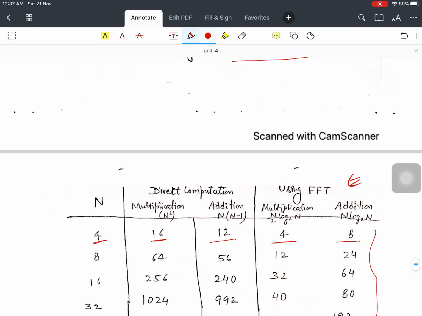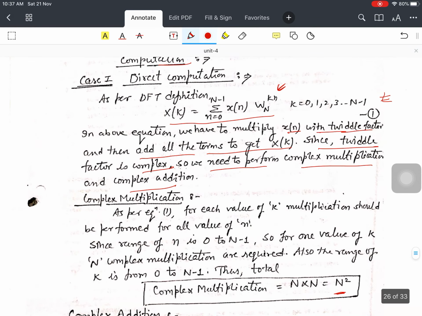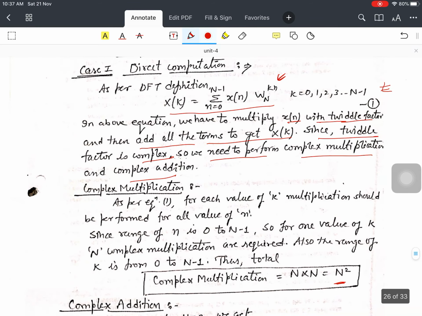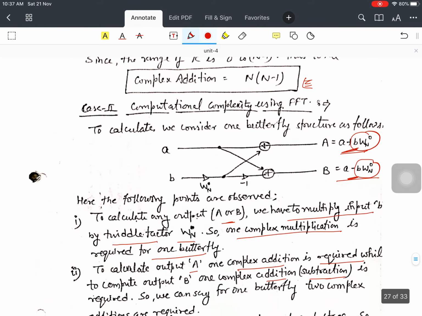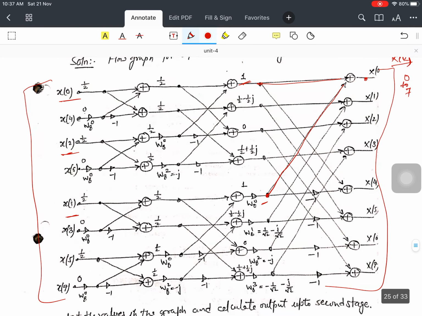Okay. So this is all about this lecture 41. First you have to remember this butterfly structure, and that is the important part. Okay. Most of the time in the exam they ask about this 8 point DFT. Clear? So, thank you students.